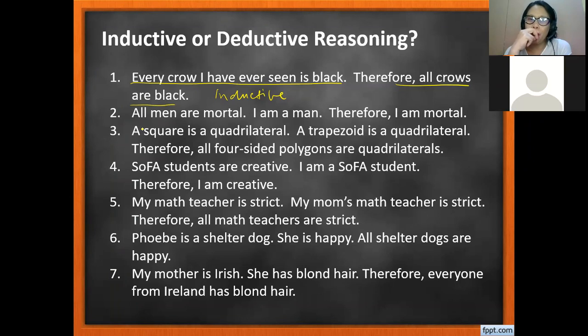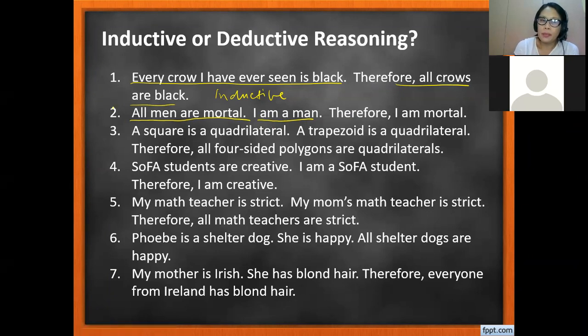So in number one, we started with a specific example and then we come up with a generalization in the conclusion. So that's inductive. In number two, we started with our generalization that all men are mortal. With that, there was a specific example that I am a man, so therefore I am mortal.